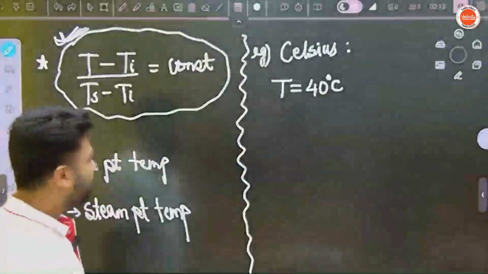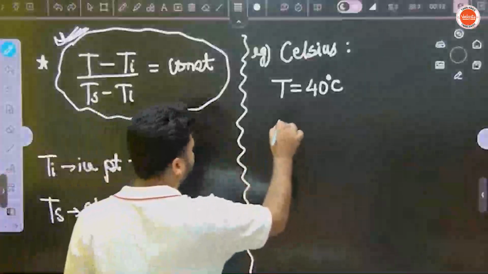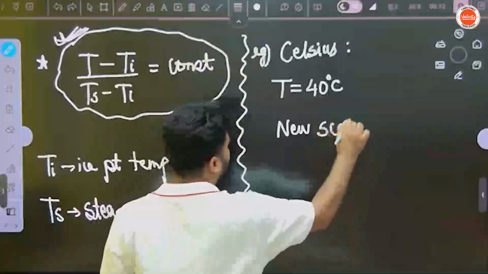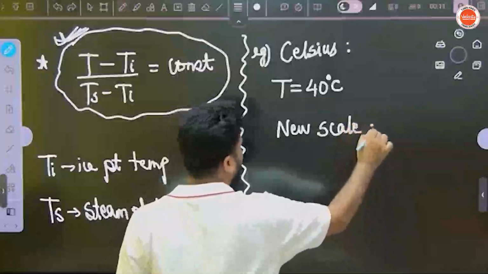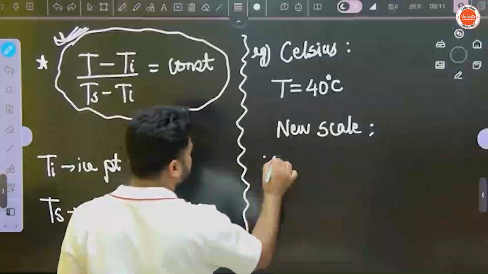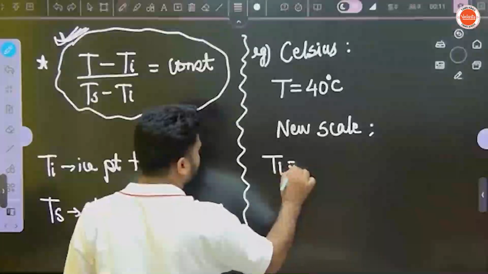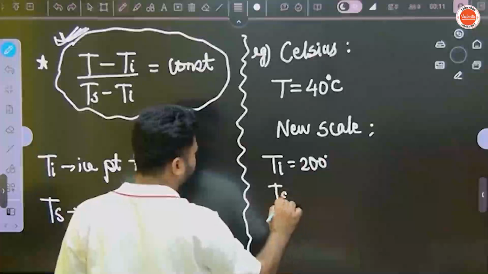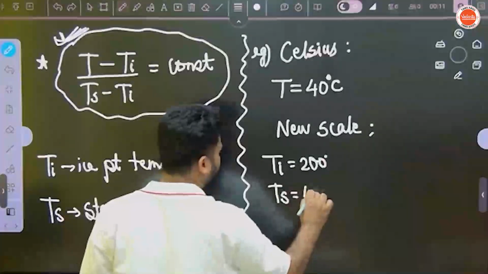Correct? There is another scale. There is one new or some different scale, like we have a different kind of scale, Kelvin scale, Fahrenheit scale. There is some new scale where ice point temperature is 200 degrees and steam point temperature is 400 degrees.